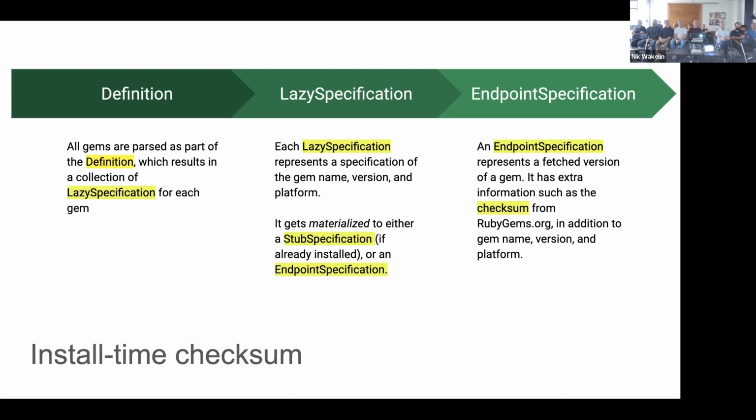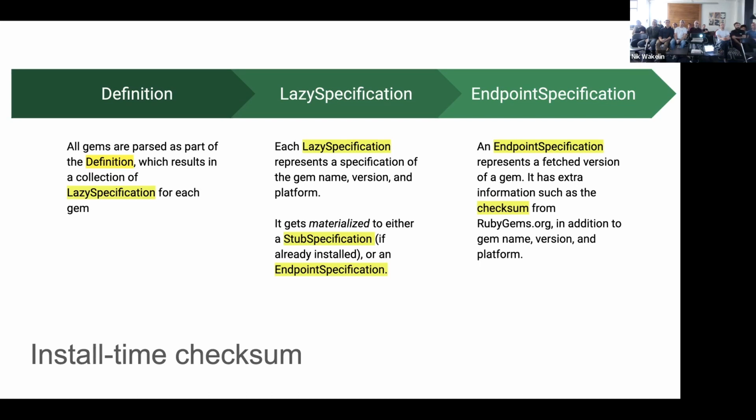This lazy specification class represents each gem that Bundler needs to install. And it has the gem name, the version, and the platform. And it's lazy because it's not doing anything. It's not installing. It doesn't know whether it needs to be installed or not, and so it doesn't run network operations.